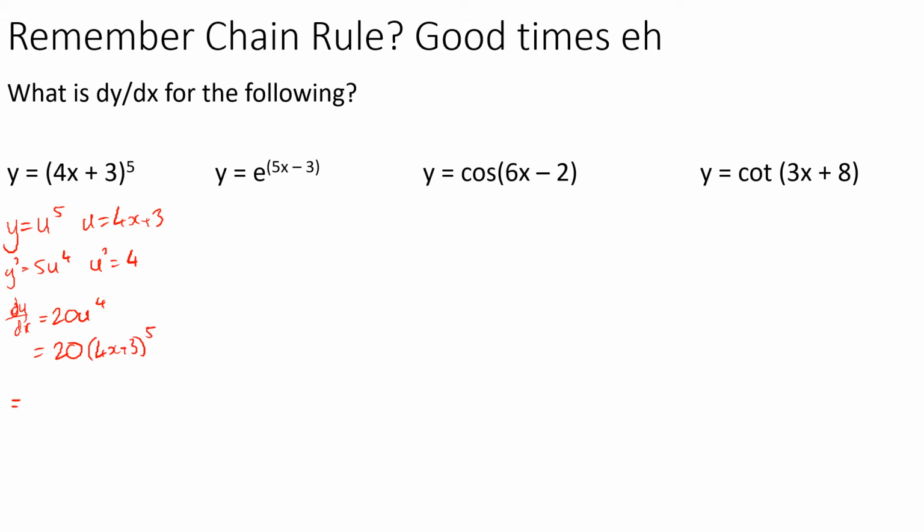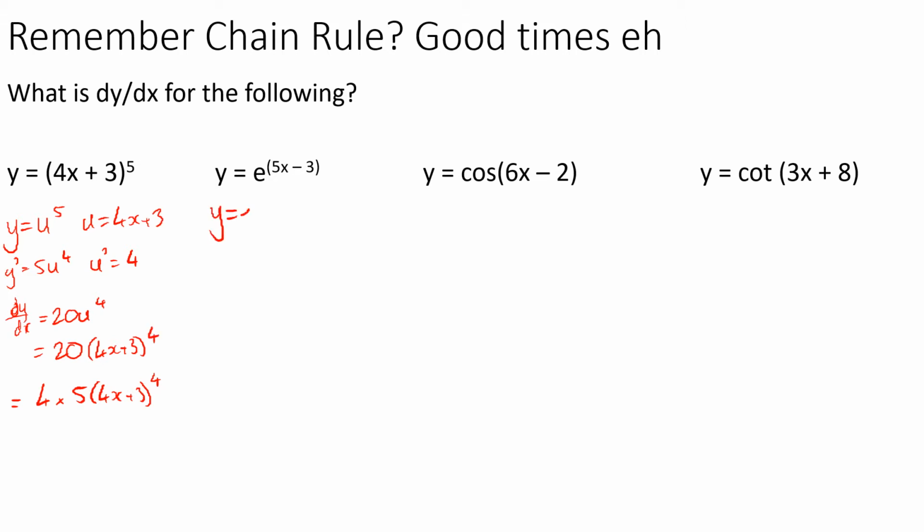I'm actually going to split this up for reasons that will become obvious at some stage. This is going to be 4 lots of 5 times 4x plus 3 to the 4. What about the second one?